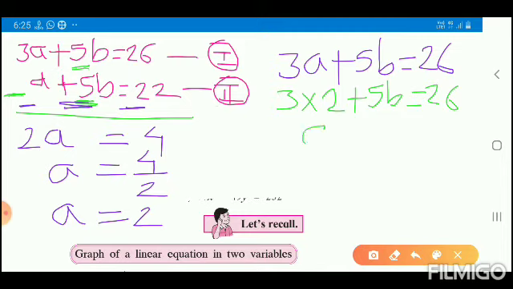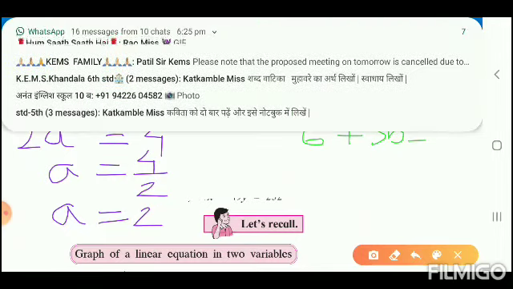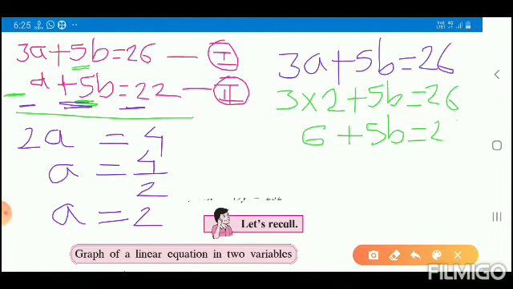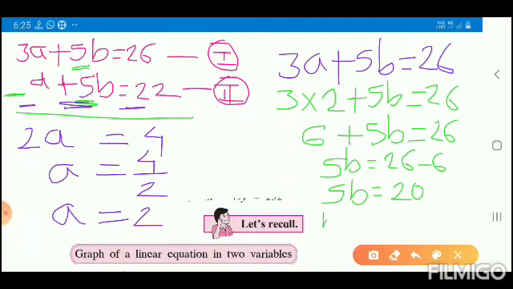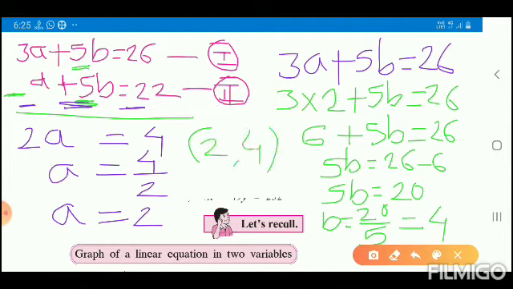So 3 twos are 6 plus 5b is equal to 26. So here 5b is equal to 26 minus 6. So 5b is equal to 20. So b is equal to 20 upon 5 is equal to 4. So here 2 and 4 is the solution of the given equations.